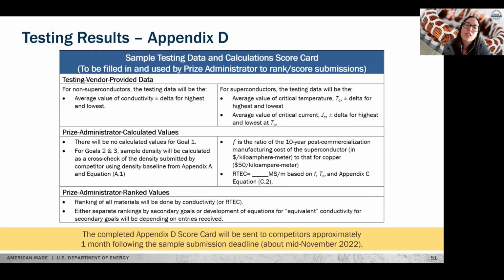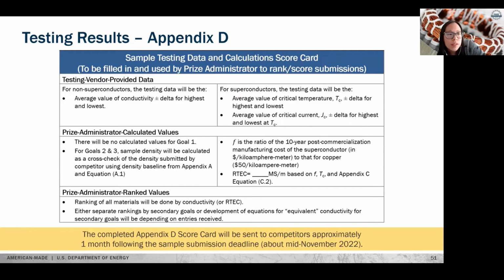For a non-superconductor, this vendor will give testing data that will be the average value of conductivity plus or minus the delta for the highest and lowest value. For a superconductor, the vendor will be giving you the average value of critical temperature plus or minus the delta for the highest and lowest value, and the average value of critical current plus or minus the delta for the highest and lowest value at critical temperature. And the prize administrators will then calculate values.